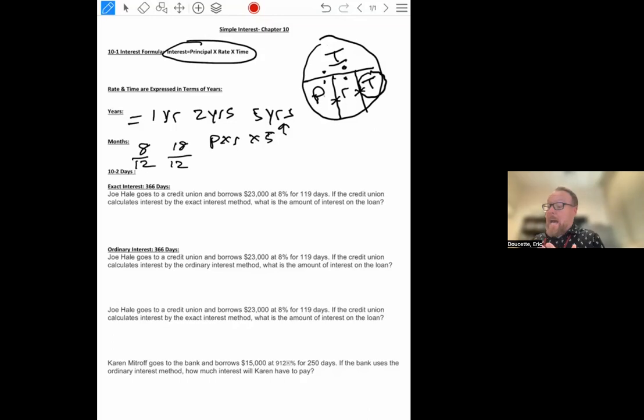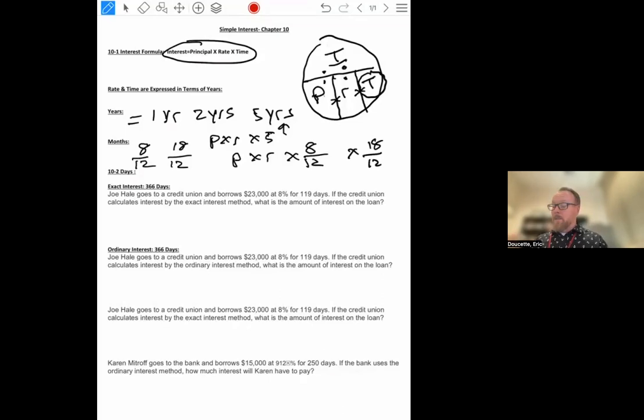So when it comes to that time factor, in this case, it would be principal times rate times 8 over 12 to give me 8 months within the year that I'm going to be paying interest. Or in the case of 18 months, it would be multiplied by 18 divided by 12. And that would be my factor in determining my interest time in months.